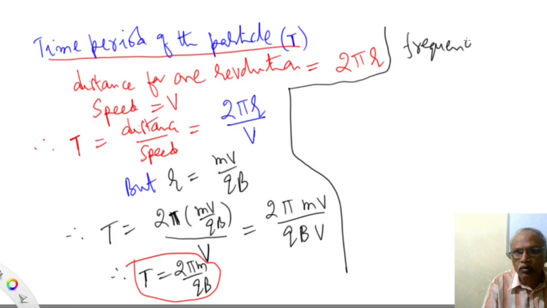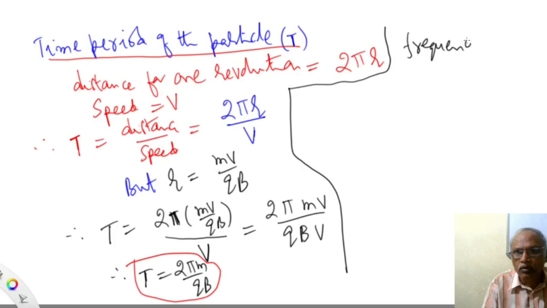If you take the reciprocal of time period, you will get 1 by T, which is qb by 2 pi m. Therefore, frequency means the number of times it revolves per second. Nu is equal to qb by 2 pi m.